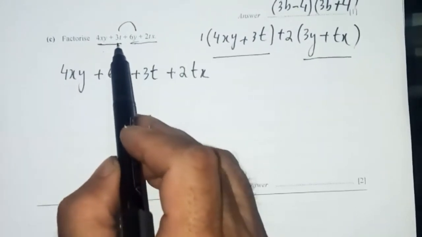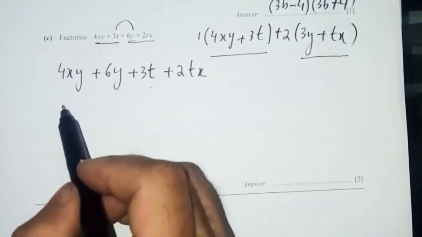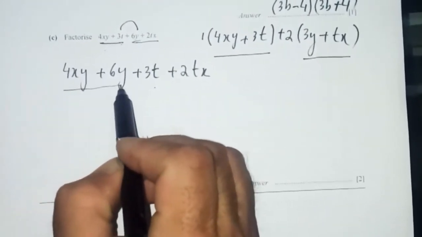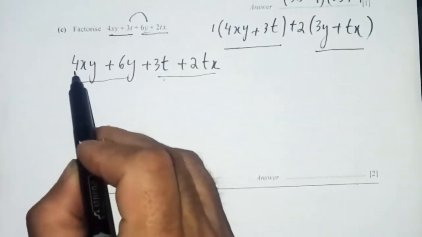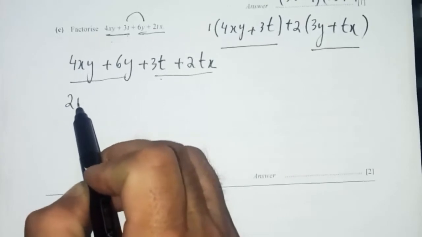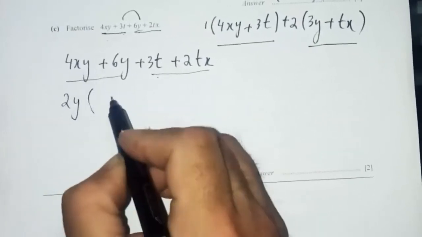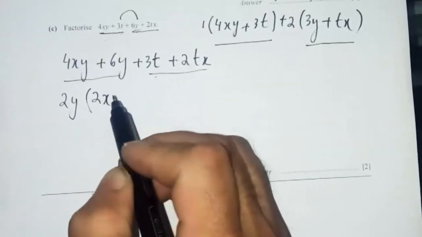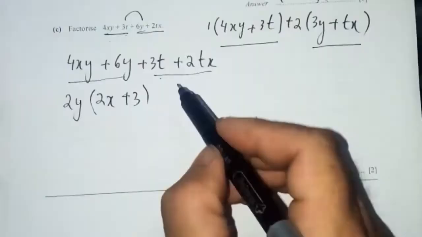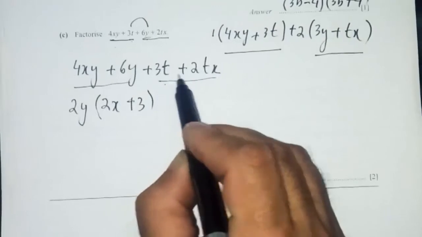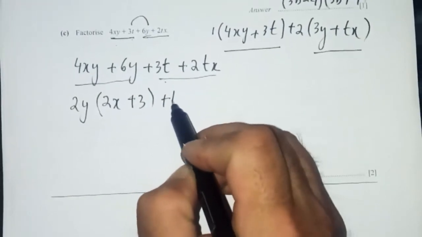I wrote this first and then this here. Now I will make groups of 2 again. Now I will take what is common in this. There is a common 2 as well as y. So what is left? 2x left, plus 3 left. Now I will take what is common here, just t common, plus t common.